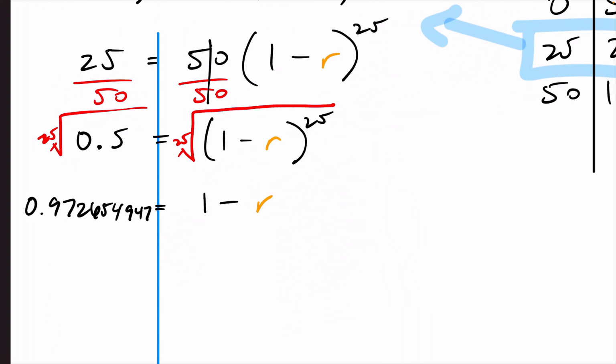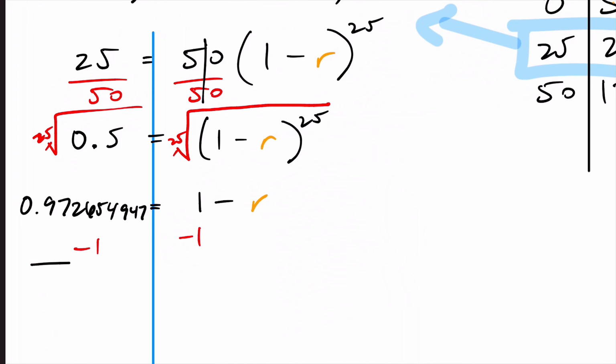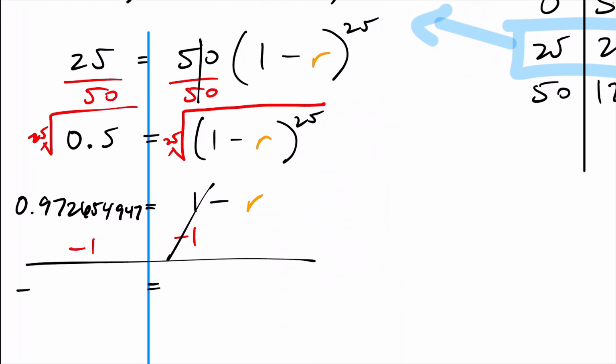How do I get r by itself? What do I got to do to get r by itself? Subtract 1 from both sides. So I go back to my calculator, and I take that long number you just calculated and subtract 1 from it. It's going to give you a negative number. That's not wrong.